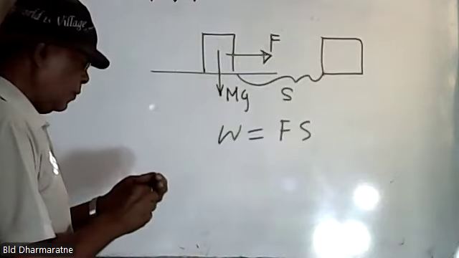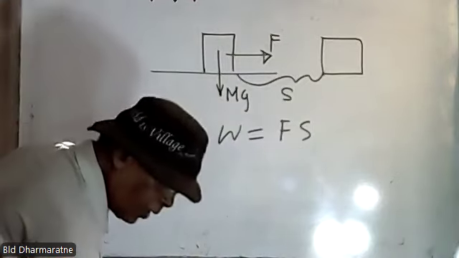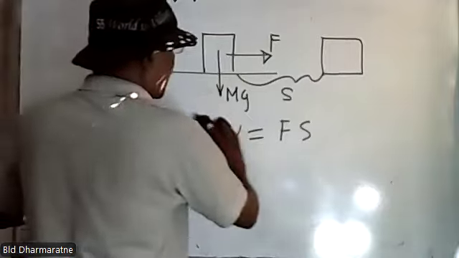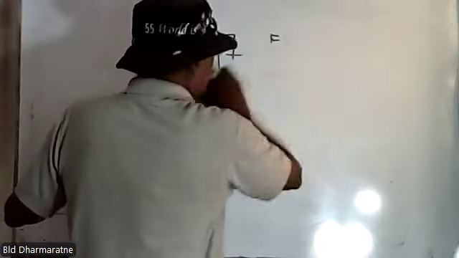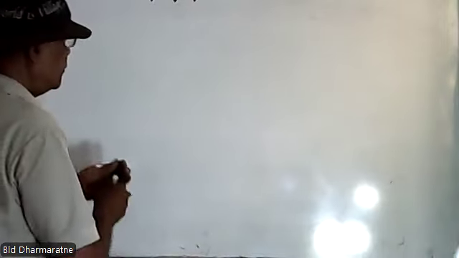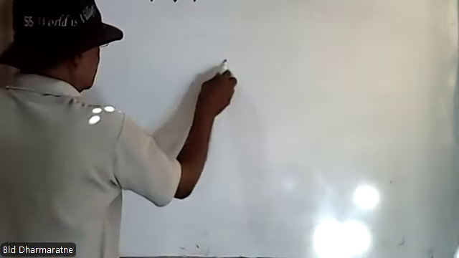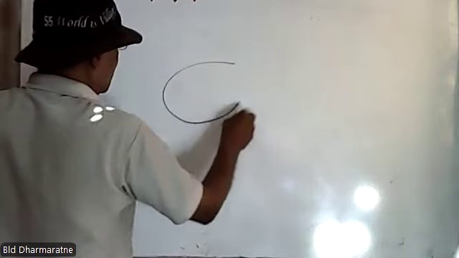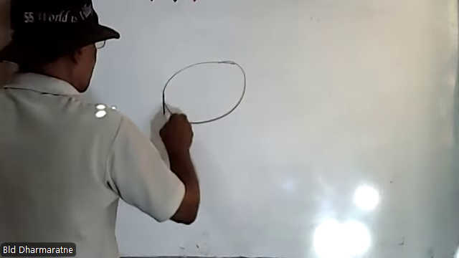In rotating bodies, work done is calculated normally like this. We take a disk, a rotating disk.